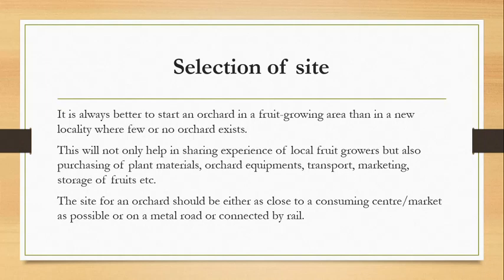The second point is that this will not only help in sharing the experience of local fruit growers but also in purchasing plant material, orchard equipment, transportation, marketing, storage of fruits, etc. And the third is that the site for an orchard should be as close to a consuming center or the market as possible, or on a road or connected by rail. So these are the important points that should be kept in mind while selecting a site for an orchard.